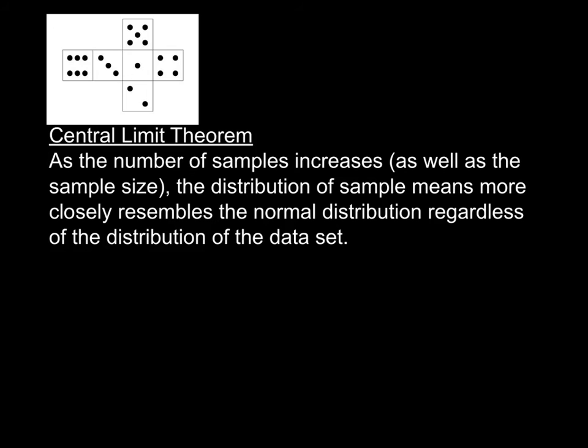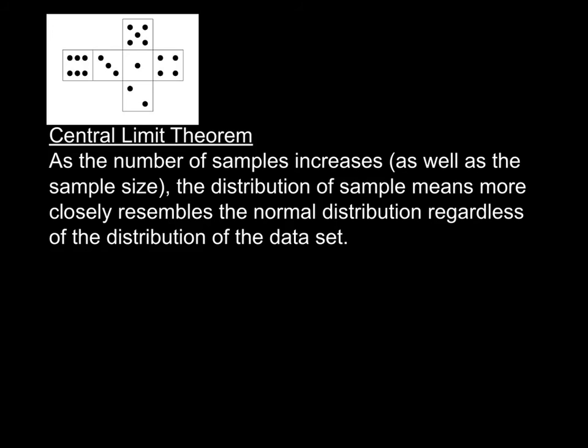This dice roll simulation is an illustration of the Central Limit Theorem, which states that as the number of samples increases, as well as the sample size, but we didn't actually change the sample size at all, it still remained at 4, the distribution of sample means more closely resembles the normal distribution regardless of the distribution of the dataset. If you remember, the roll of a die has a pretty uniform distribution as any number 1 through 6 has an equal chance of appearing.